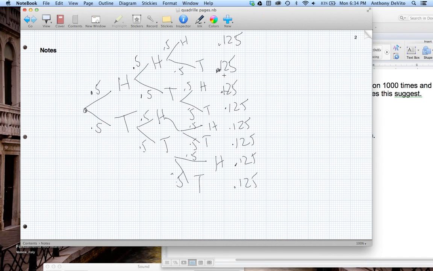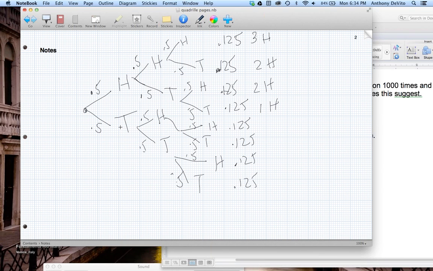Well, let's take a look at this. This first one represents how many heads? 3 heads. The second one is 2 heads. The third one is head, tail, head, so that's 2 heads. Head, tail, tail is 1 head.